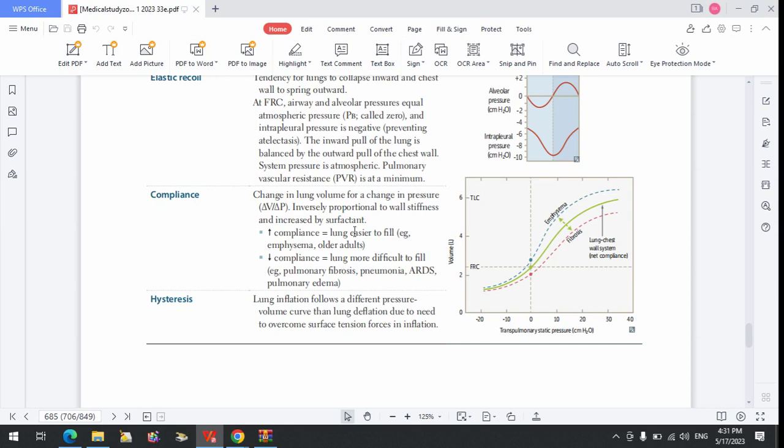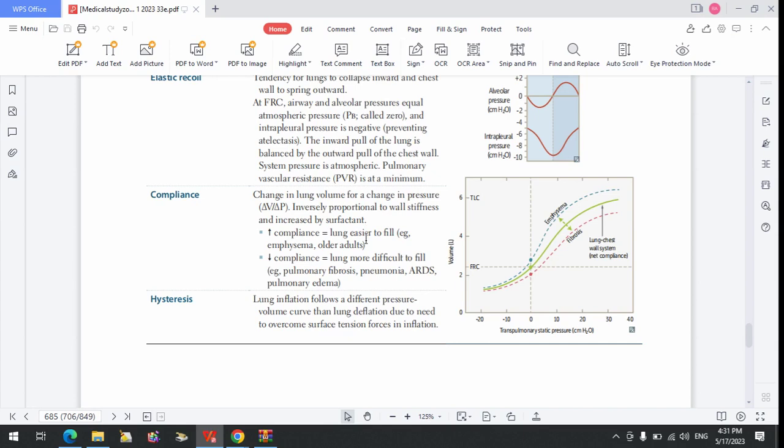No, because compliant is coming outwards, expanding. Exactly. So if you give someone surfactant, what will it do to surface tension? It will reduce it. What will it do to elastic recoil? Increase compliance.